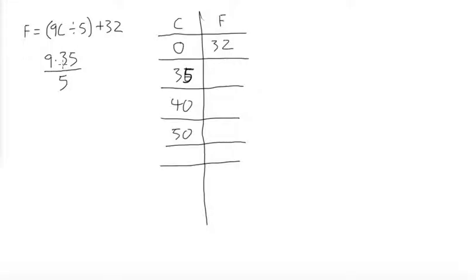Then you can divide the 35 by 5 first if you want to. So 35 divided by 5 equals 7. Then it's 9 times 7, so that's 63. And then 63 plus 32 is 95.